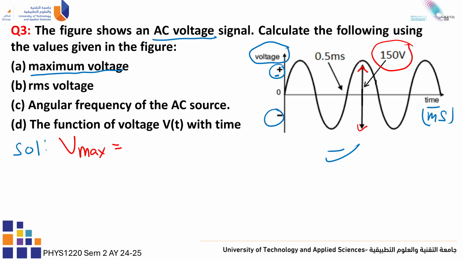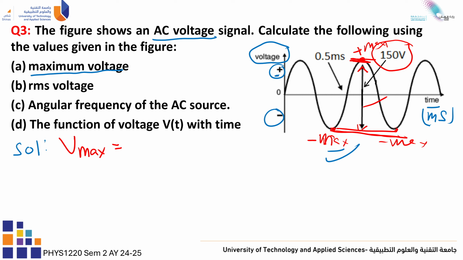Now what is this? I know this is the plus maximum, somewhere here, and this is the negative side maximum, on the other side. So the meaning is this is the voltage between this and this.